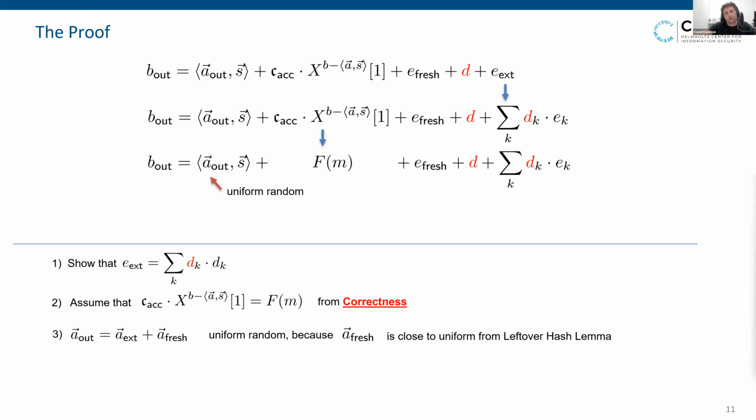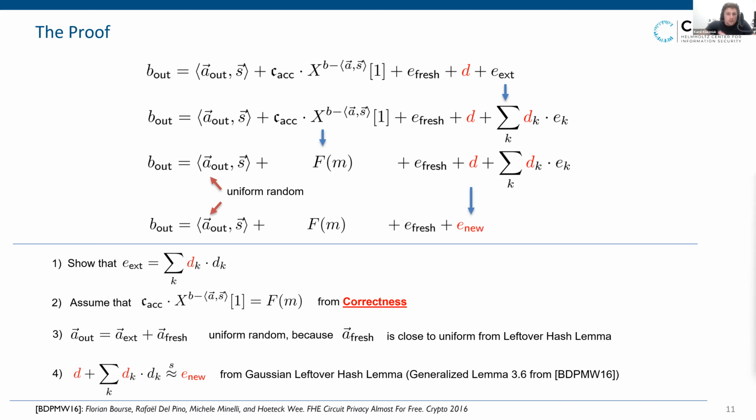And then we need the leftover hash lemma to argue that the samples are fresh-looking, so that they are distributed like a fresh LWE sample. The last step is to argue that the noise is close to an independent discrete Gaussian random variable, and this is shown by a generalized Gaussian leftover hash lemma.